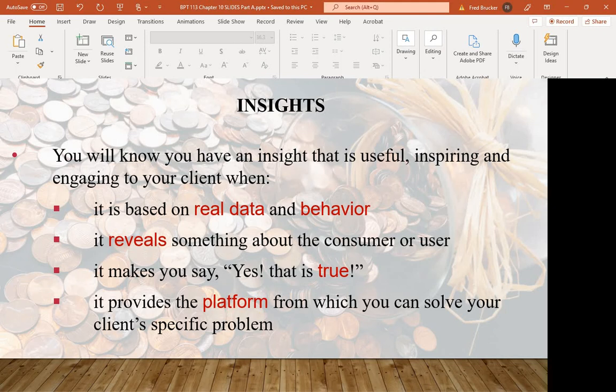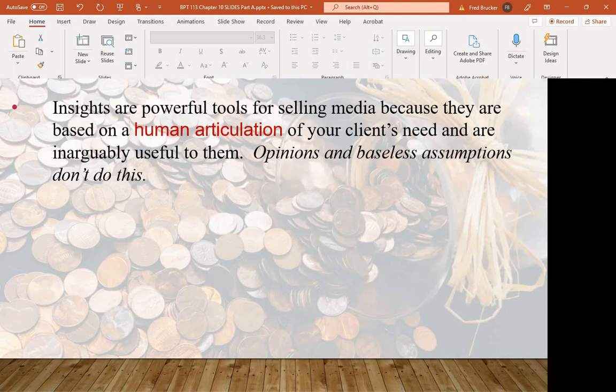So when you have these good insights based on the data and the observations that you've made, there's a momentum that comes with it that says there is a realistic action step to these things that we have encountered. Insights are powerful tools for selling media because they are based on a human articulation of your client's need and are inarguably useful to them.